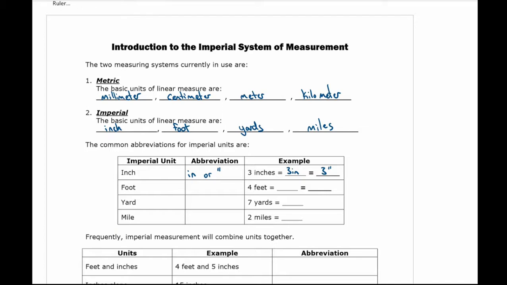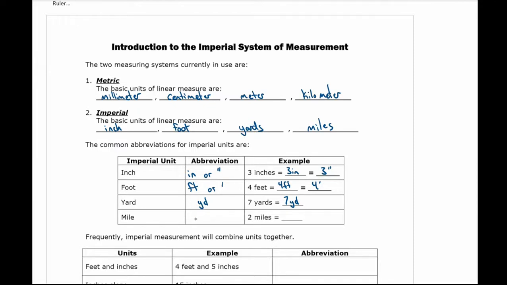Foot or feet is FT, or one apostrophe. So if we had 4 feet, we might say this is 4 FT or 4 with the apostrophe. A yard, we have YD. So 7 yards could be written as 7 YD.